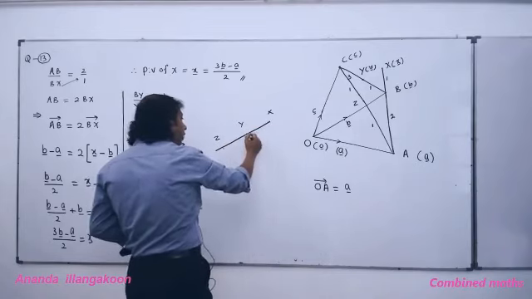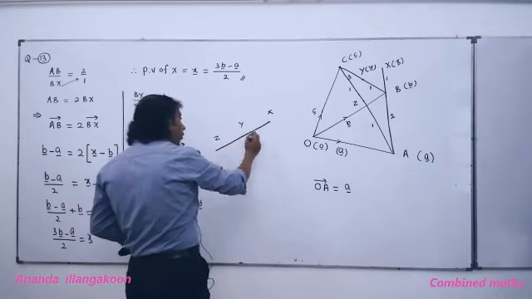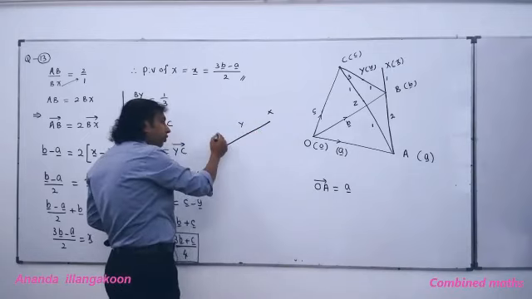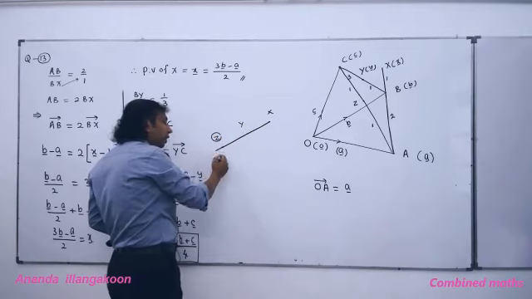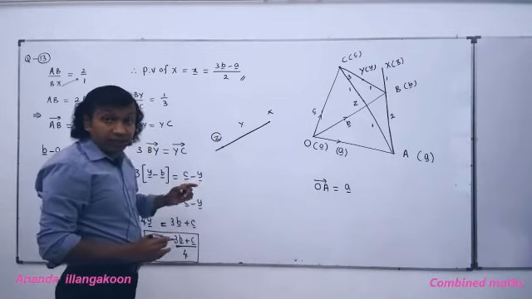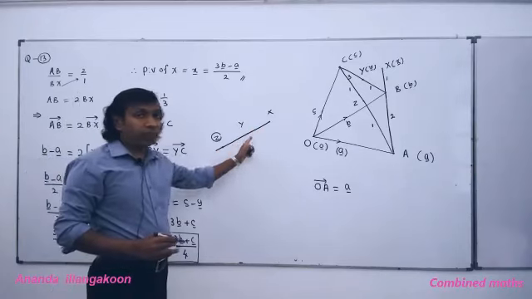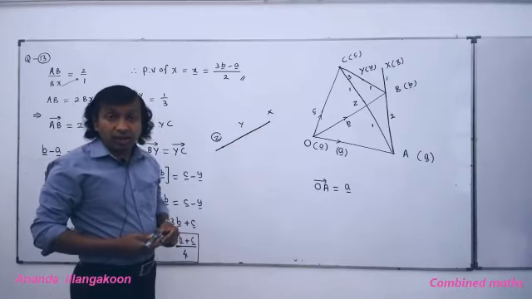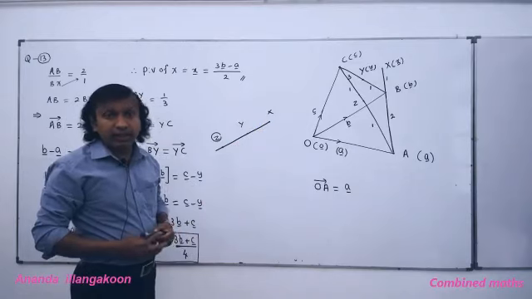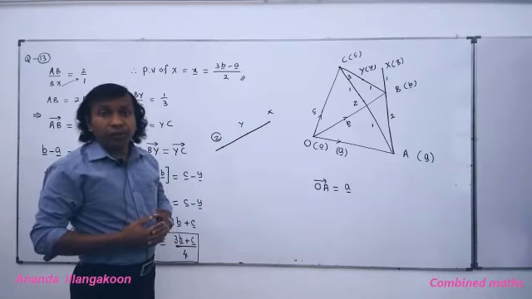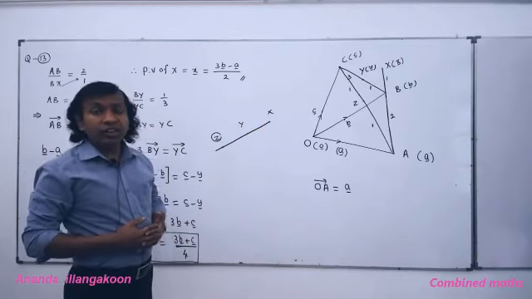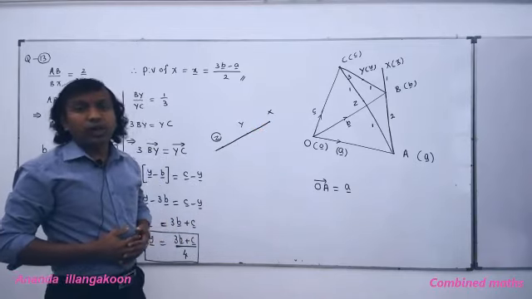I join X and Y, I produce that line. On the line produced, if the point Z lies on that line, then you can see all the 3 points X, Y, Z lie on a line. Then these points X, Y, Z are called collinear points.